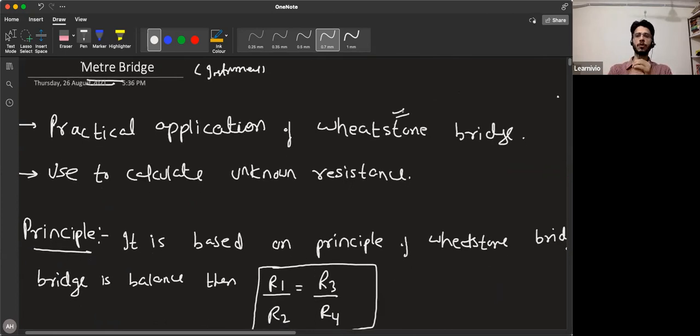Wheatstone bridge is a theoretical model. When you use Wheatstone bridge practically, in an experiment, then what we get is meter bridge.